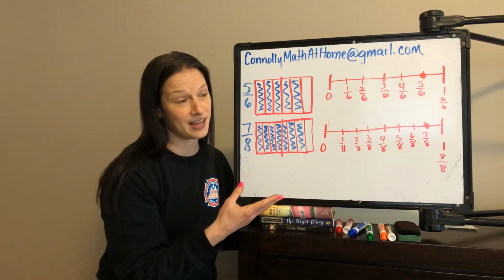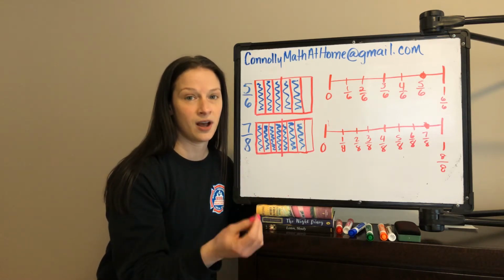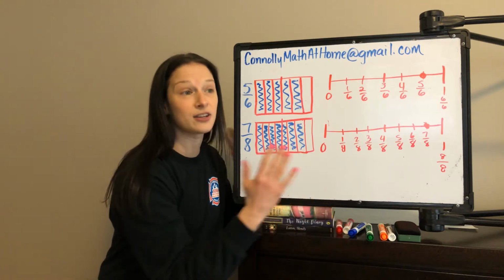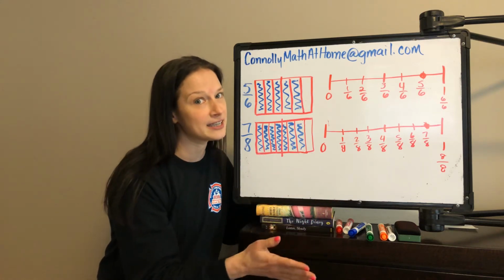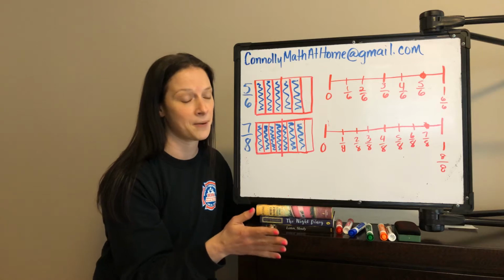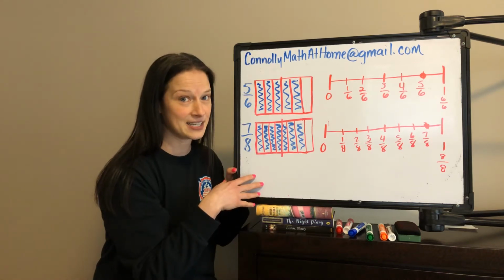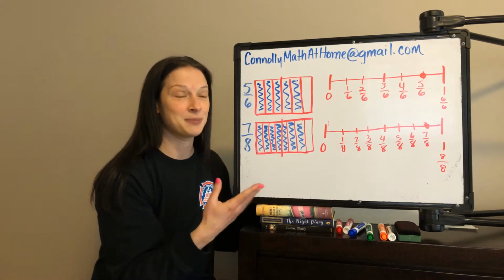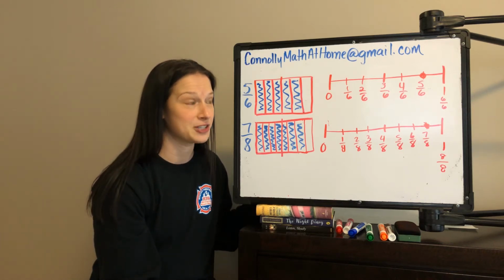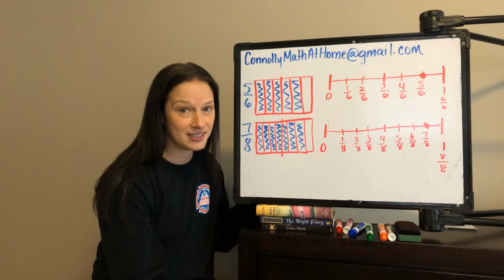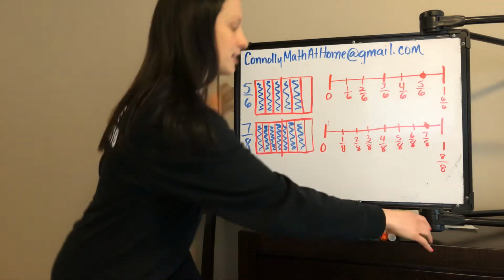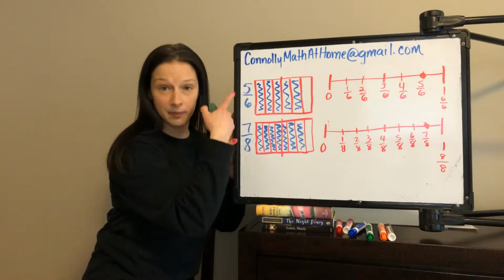I'm going to use two fractions that are a little different in size so we can clearly see what's going on, okay? So we're going to come back to this at the end. I just wanted you to see that sometimes we can't rely on those representations because they are so close in size. So let's take a look at some other fractions that are both, we're still going to be thinking about one piece from a whole.